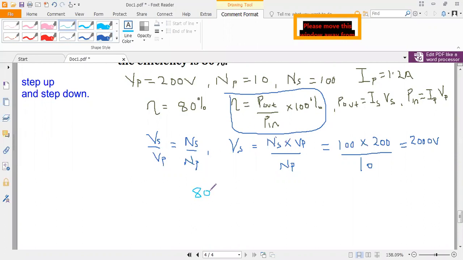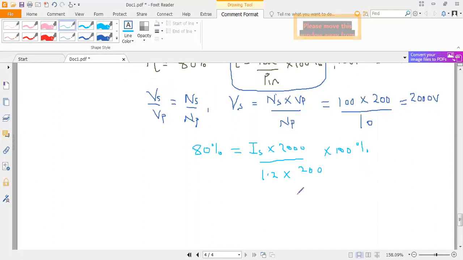So we shall have 80% equal to the power output, which is the current in the secondary, which is what we are looking for, multiplied by the potential of the secondary, which we've got as 2000, everything divided by the power input, which is the current in the primary, 1.2 amperes, multiplied by the potential in the primary, which is 200 volts, everything multiplied by 100%.